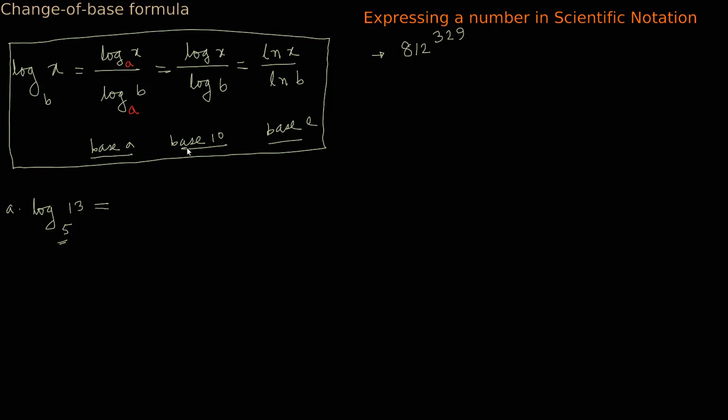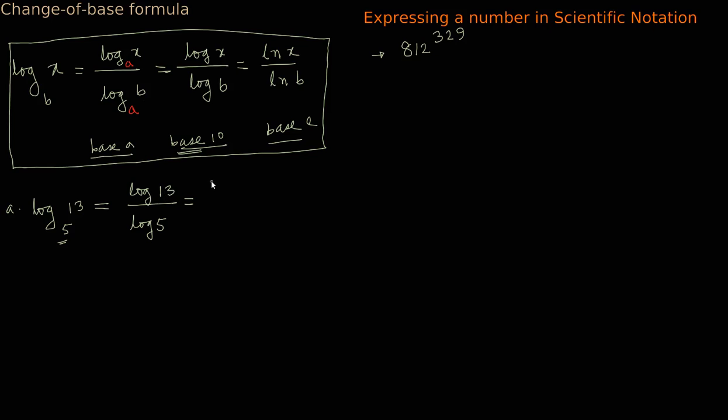So first of all, I'm going to use the common logarithm, which is base 10. So it will be what? Logarithm of 13 over logarithm of 5. Now logarithm of 13 I can calculate using any calculator.